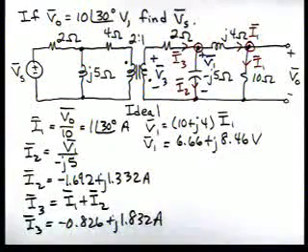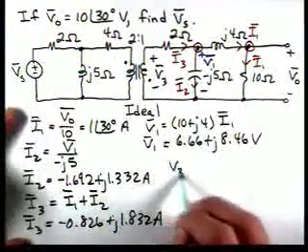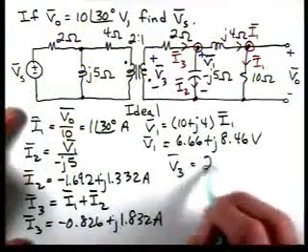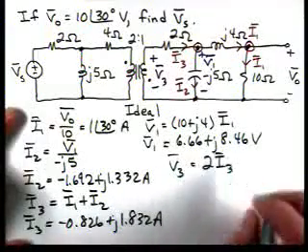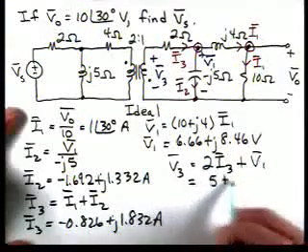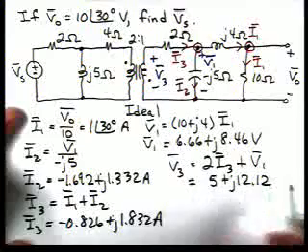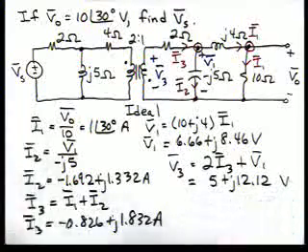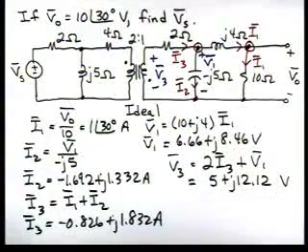Now we can calculate V3. V3 is 2 I3 plus V1, so it's equal to 5 plus J 12.12 volts. Okay. Now we're ready to go through and transform the currents and voltages through the ideal transformer.